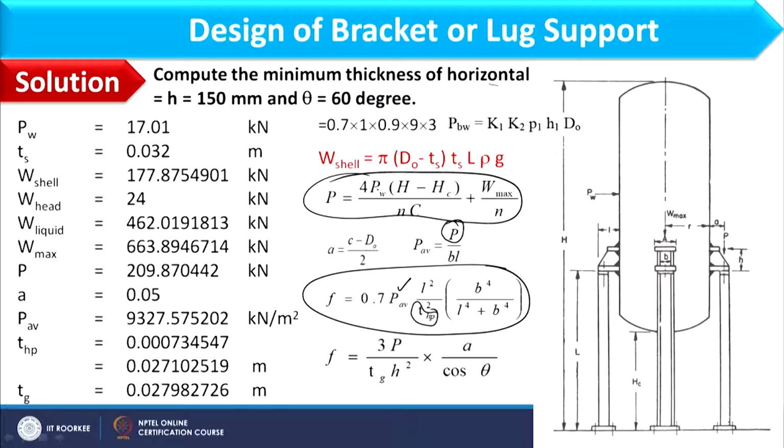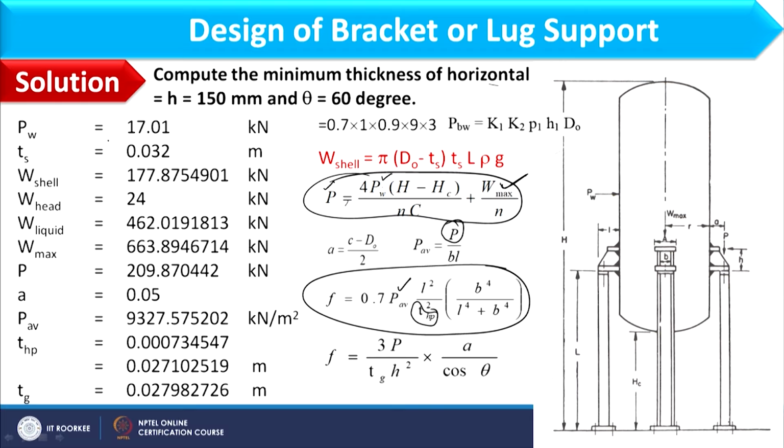In this expression we need to find out P_W. H minus H_C is the total height of the vessel, which is basically 8 meter, N is the number of lugs and C is the anchor diameter. W max is the maximum weight of shell and accessories.